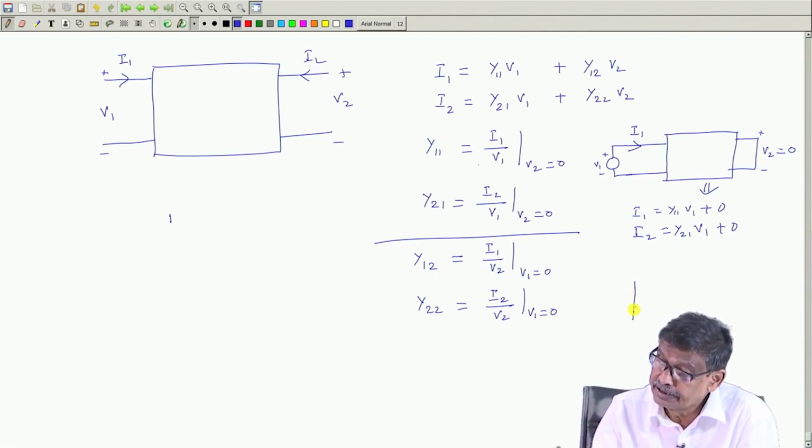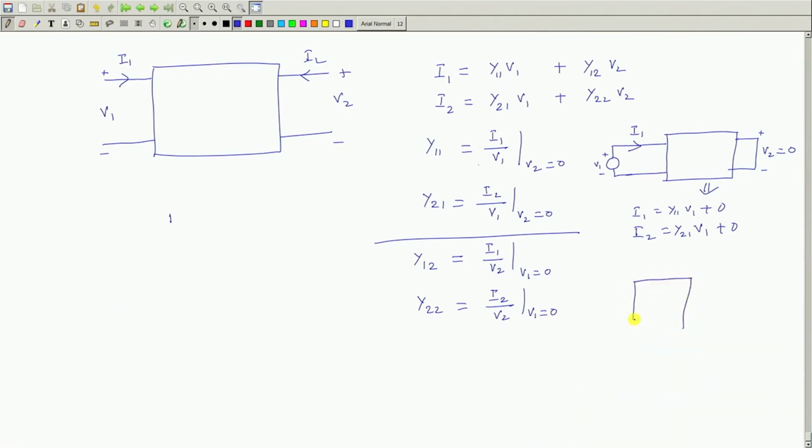You have to then think that okay, this is the two-port network, V 2 is below. So, I will excite the output port with some known voltage V 2, and V 1 equal to 0, I will short V 1, and then this current.